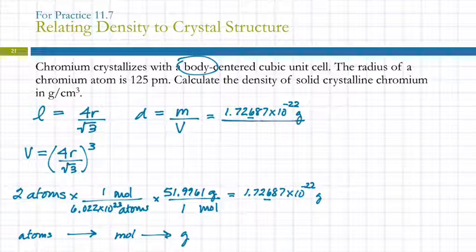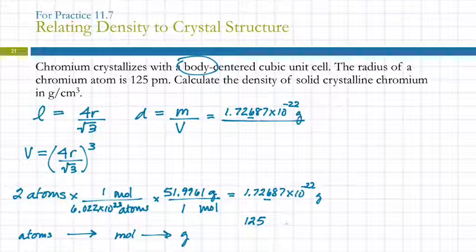And now we need to find the volume in cubic centimeters. So we did one like this already. I'll show you a little bit of a different way to convert the picometers. So we have 125 picometers, and I want to get to centimeters. I could convert this to meters very quickly by just writing what pico means instead of the p.